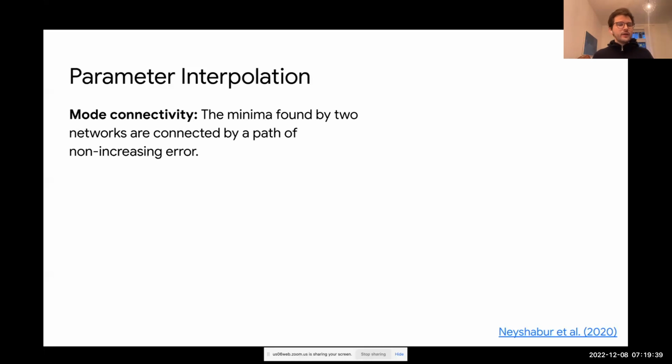Now, in order for us to design an algorithm where we can actually interpolate between these parameters, we have to look at mode connectivity. Mode connectivity is defined by a minimum that is found between two models that are connected by a path of non-increasing error.